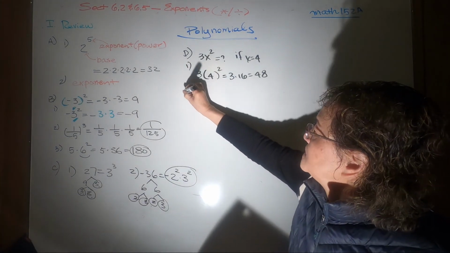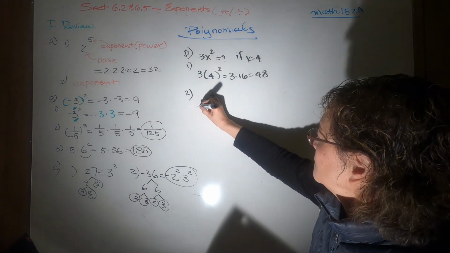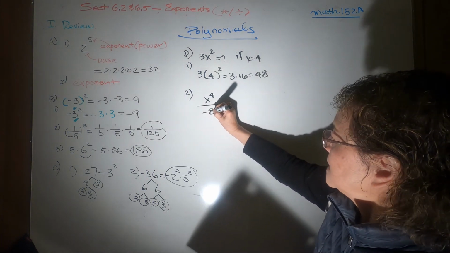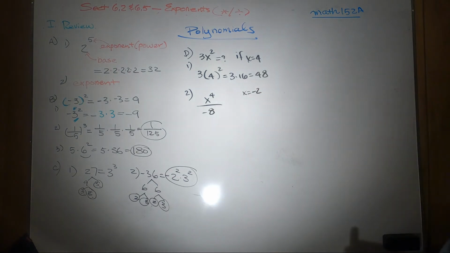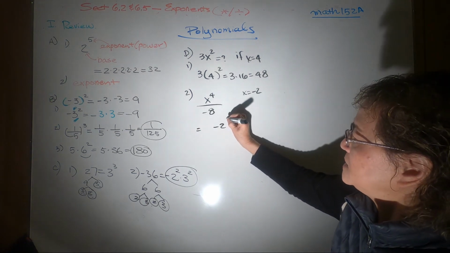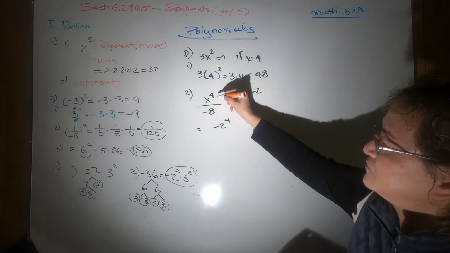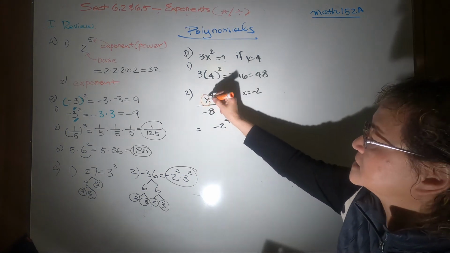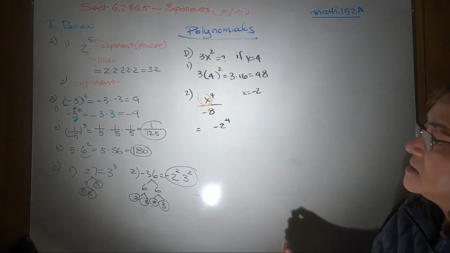If we have this one, x to the 4th divided by negative 8, if x is negative 2, what would you do? You plug in, right? Do you write it this way? Not really, because the whole base for the fourth power is the x. So you need to put the whole thing as a base.